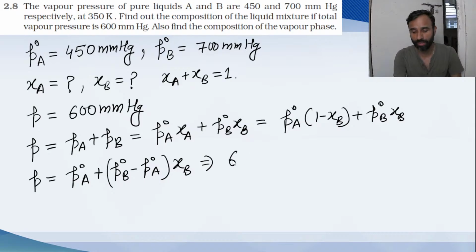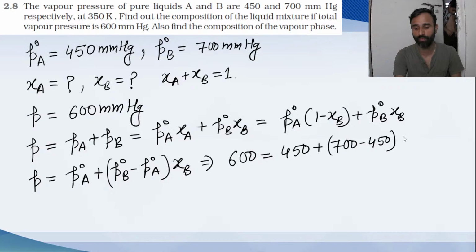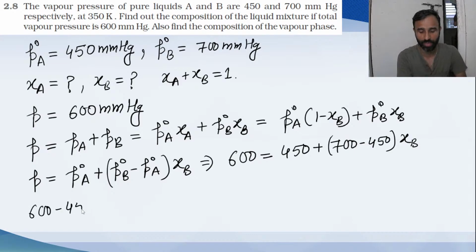The P is 600. Now it is 450 plus 700 minus 450 into XB. So it is equal to 600 minus 450.